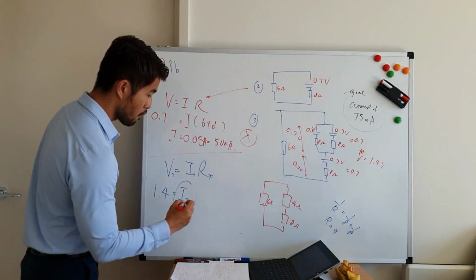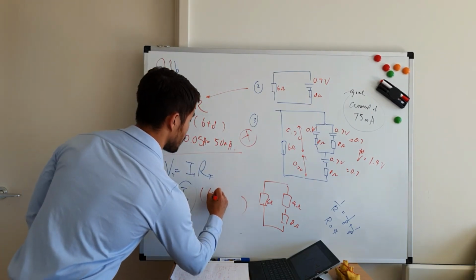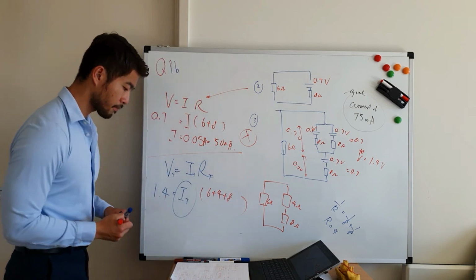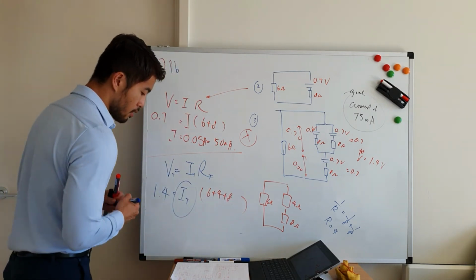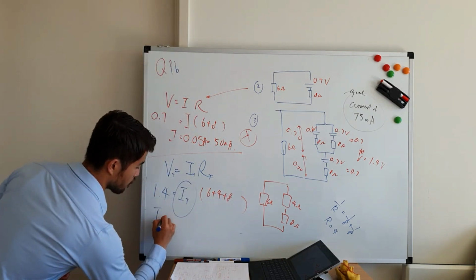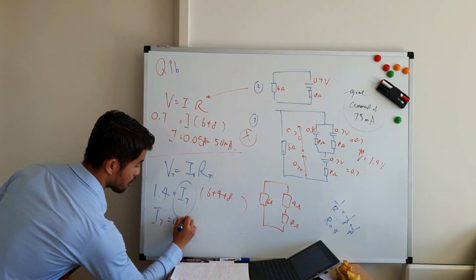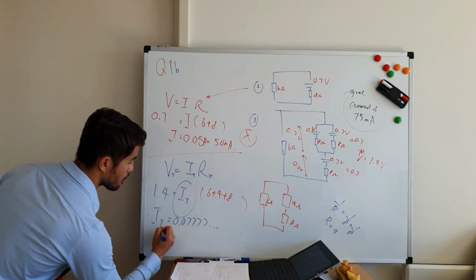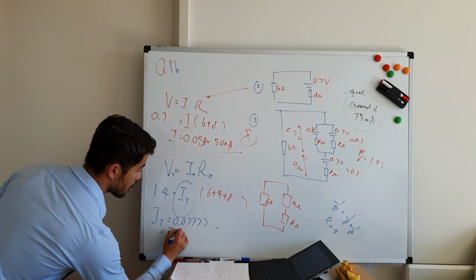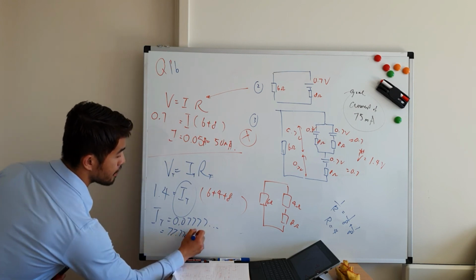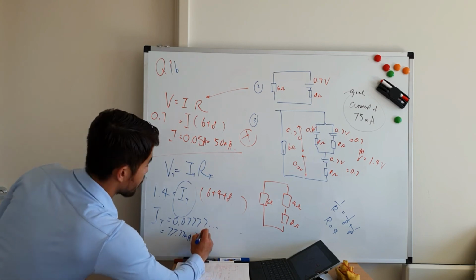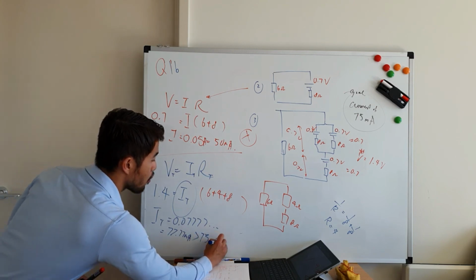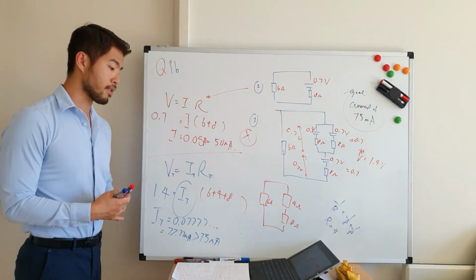So our total will be 6 plus 4 plus 8. In this situation, I total will be 0.07777, so that will be 77.77 milliamps, and this is bigger than 75 milliamps, so we can use this instead.